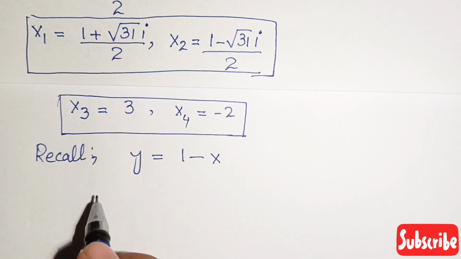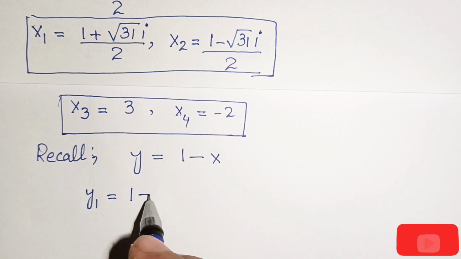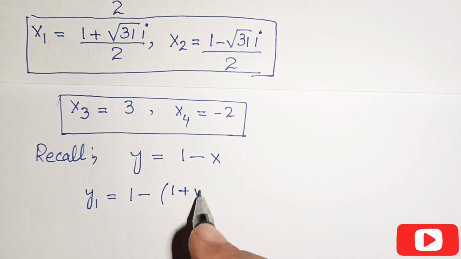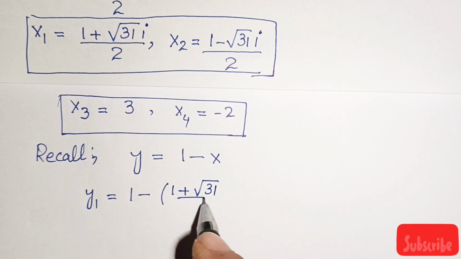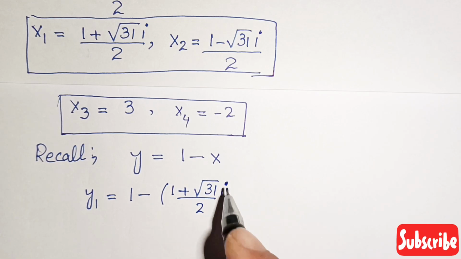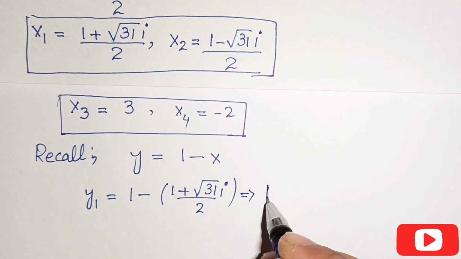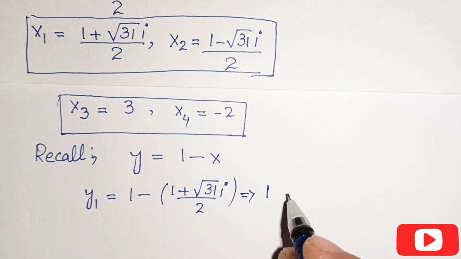So here y1 will be 1 minus x1. So x1 is 1 plus square root of 31 i all over 2. Now we are going to solve this. Here we have 1, it is 1 minus that.